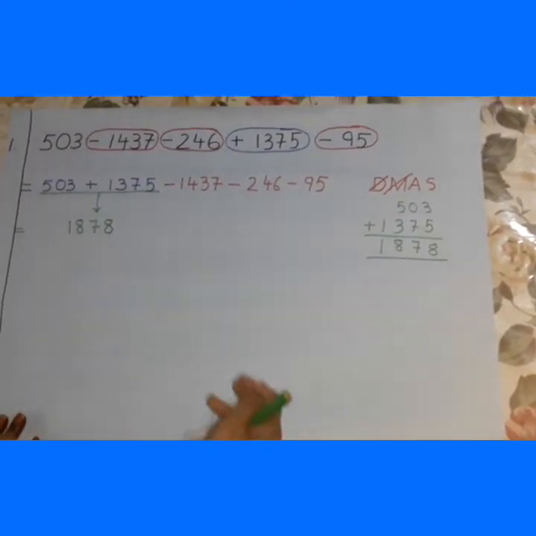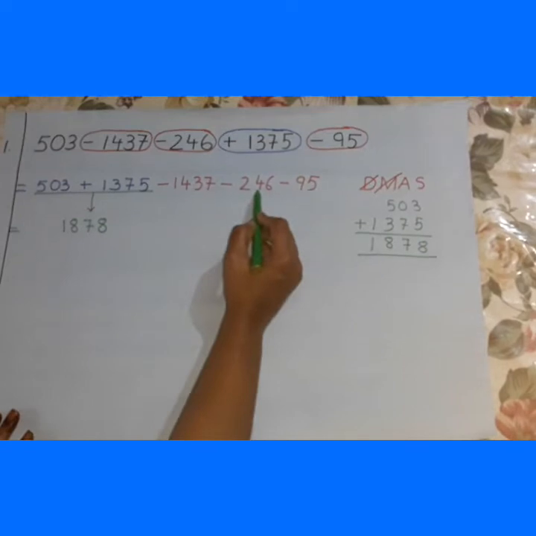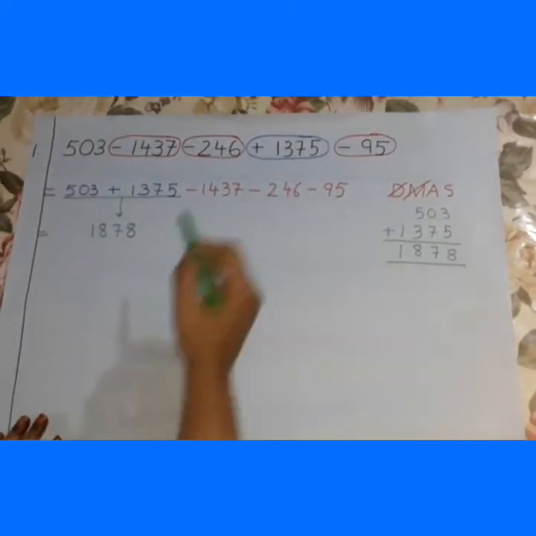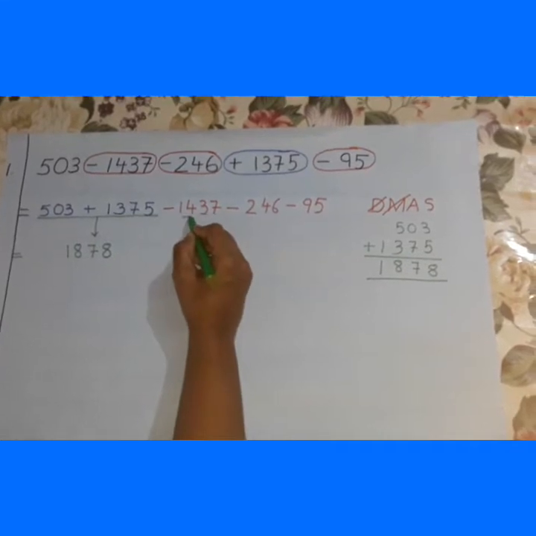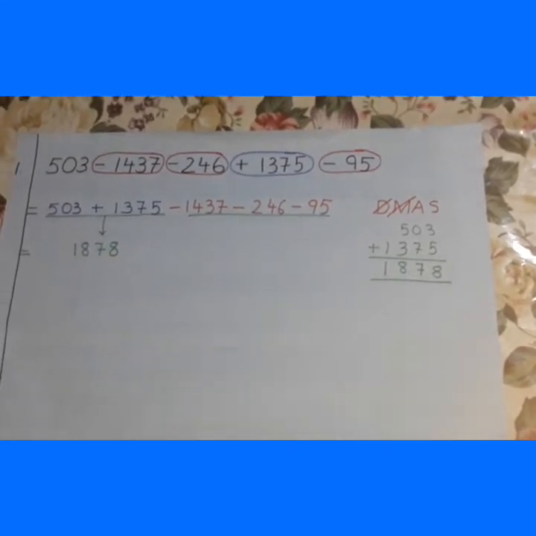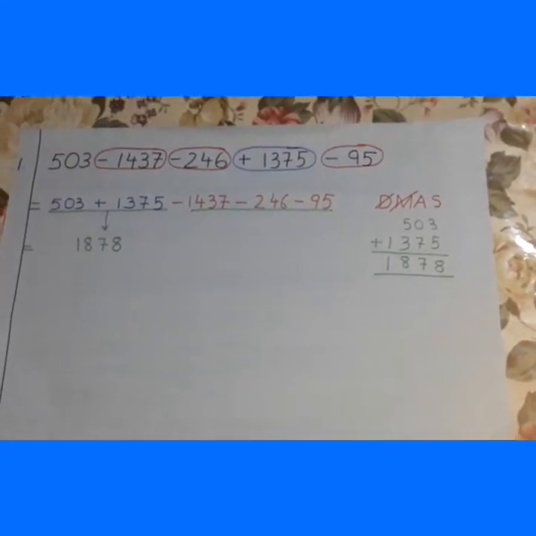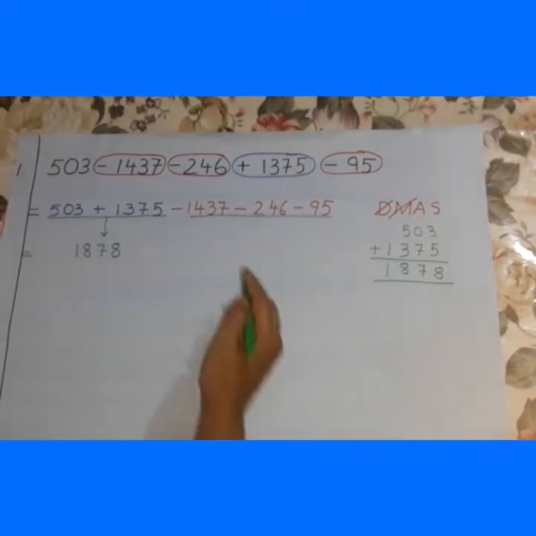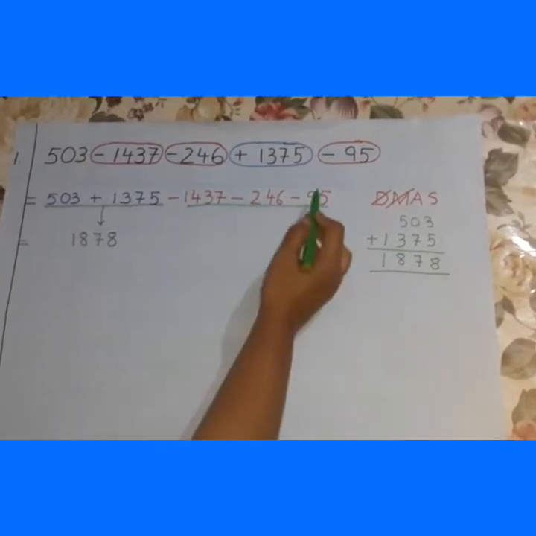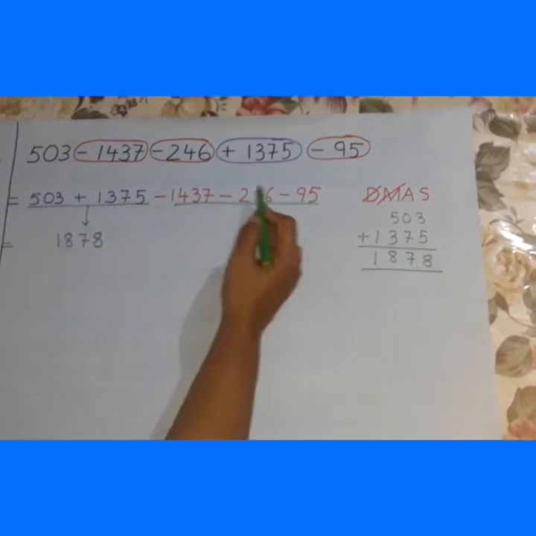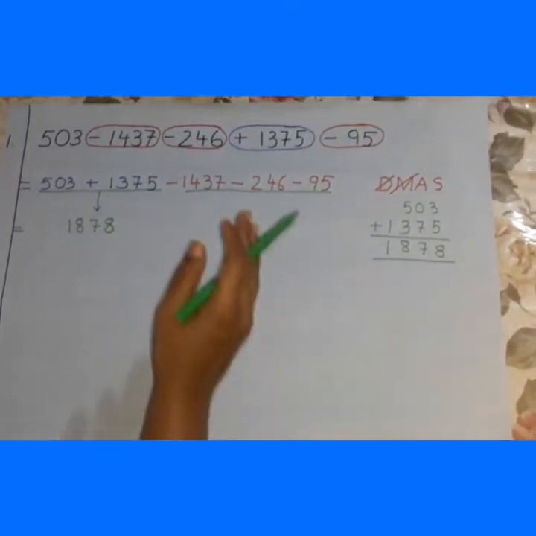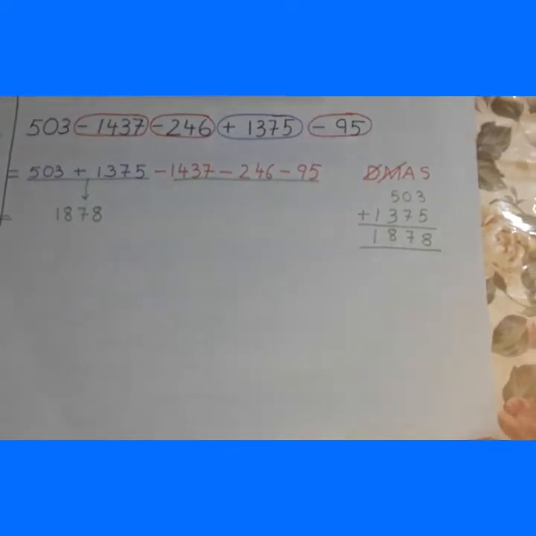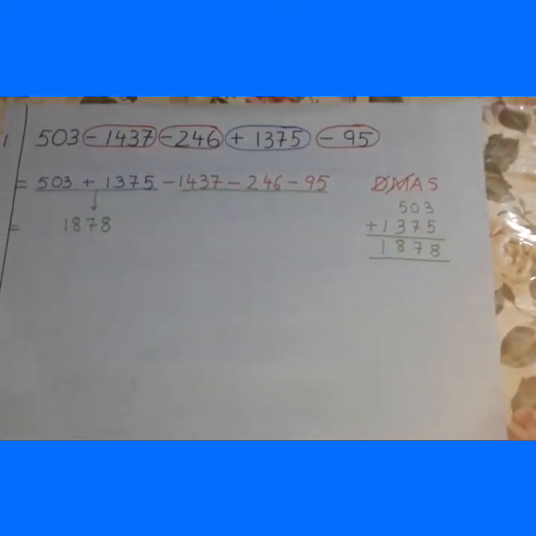Remember, whenever you have two or more than two numbers with minus sign, all these numbers need to be added up. I repeat, if two or more than two numbers are with the minus sign, we have to add them up. That's the rule of DMAS, or that's the rule that we have to follow.